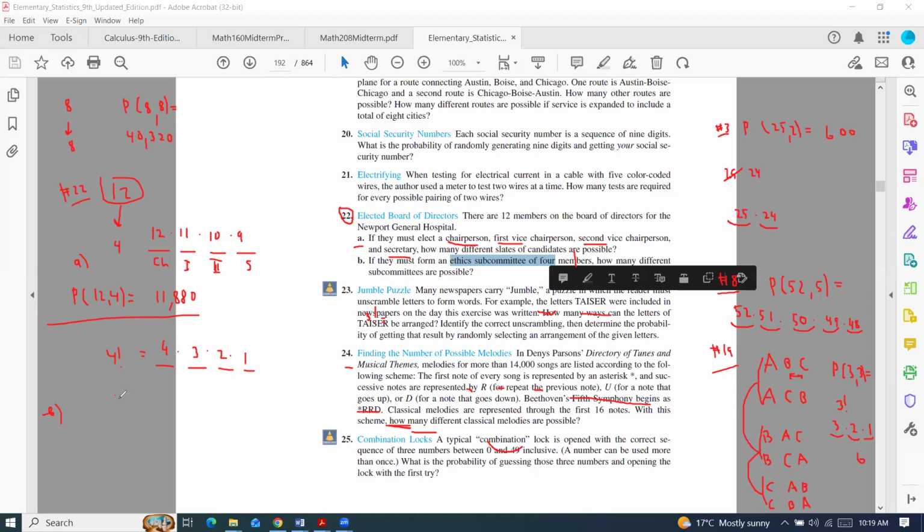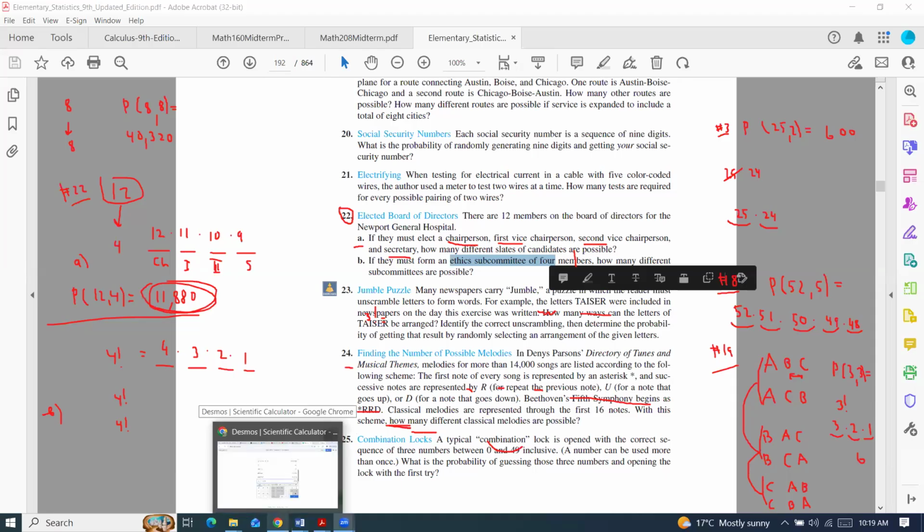So you select a different 4 people, it's another 4 factorial. In other words, how many times 4 factorial fits into this total 11,880. So I will divide if I don't care about ordering those people.